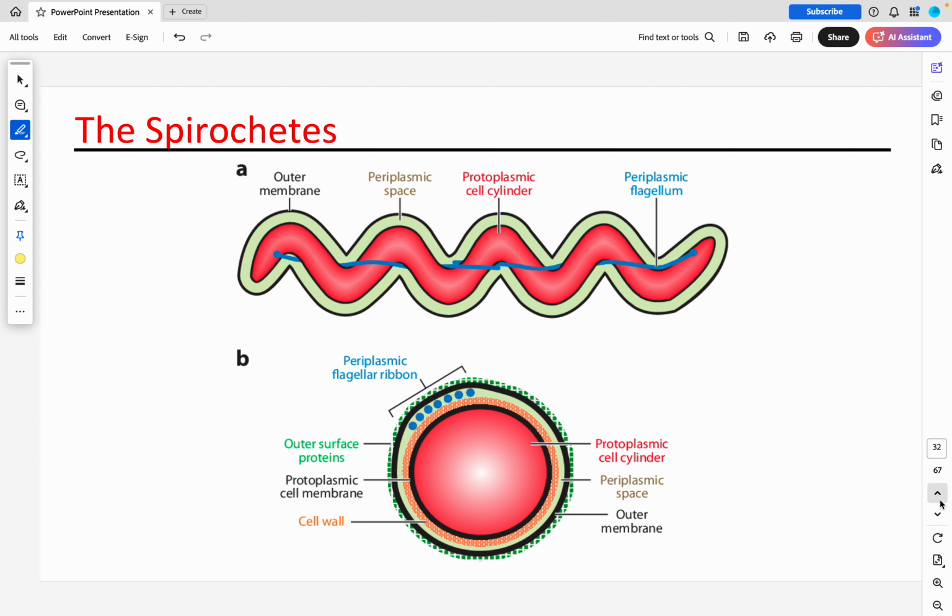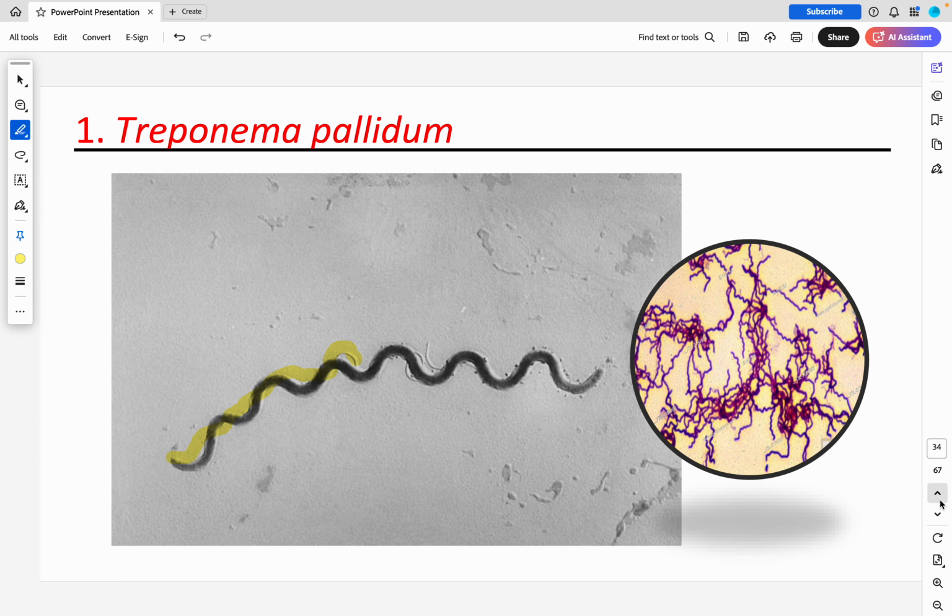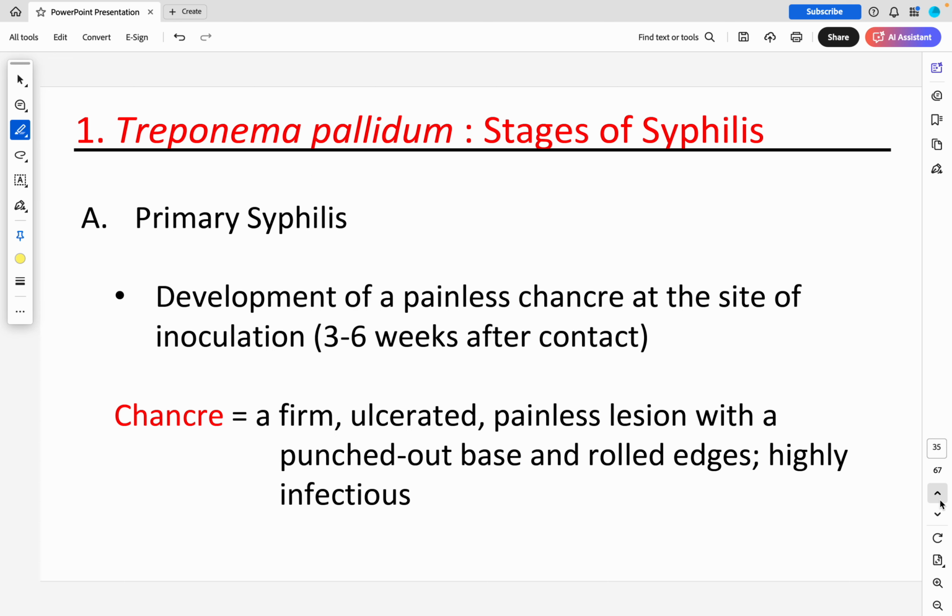So essentially, if you do a cross section of a spirochete cell, you can see that structure. And you can see the appearance as a gram-negative microbe. Okay. Now let's take a look at the clinical importance of Treponema pallidum infection.